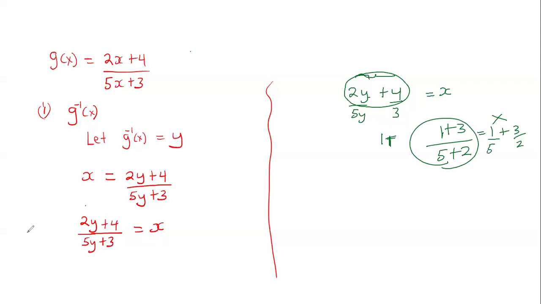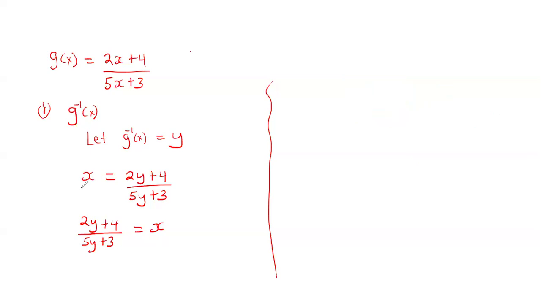Now, here, the best step you would have taken is to cross multiply. So you say this is out of 1, then you cross multiply. Okay, now continue. When I cross multiply, x into brackets 5y plus 3 will be equal to 2y plus 4.